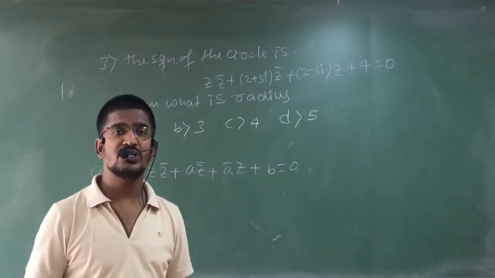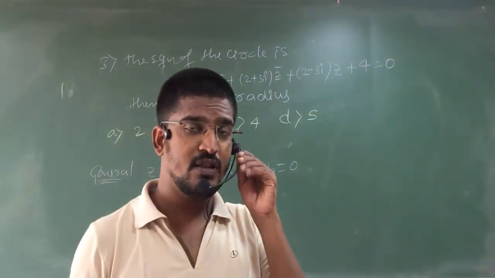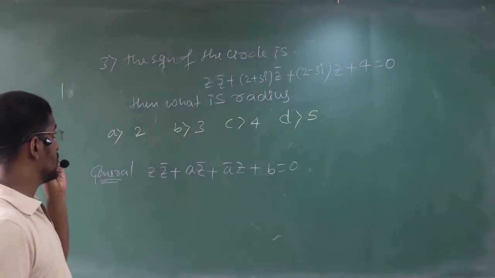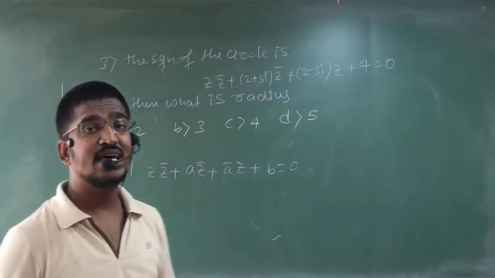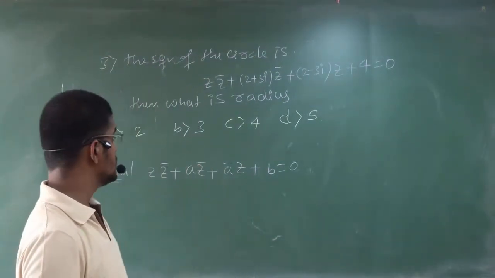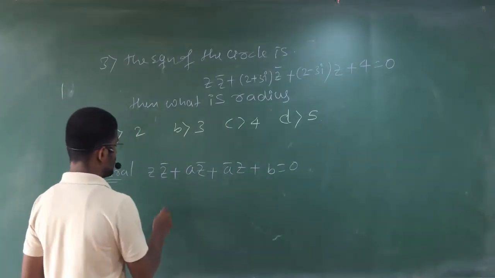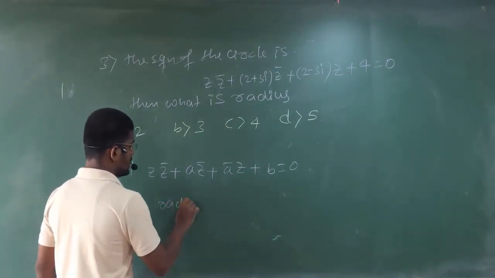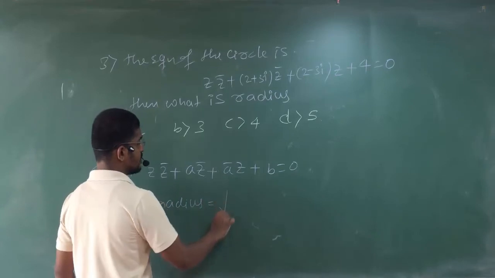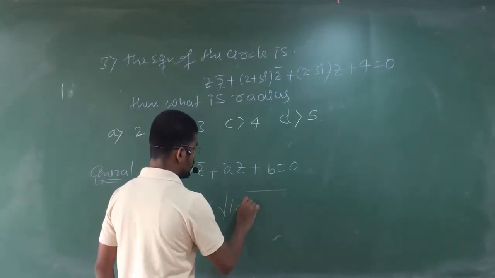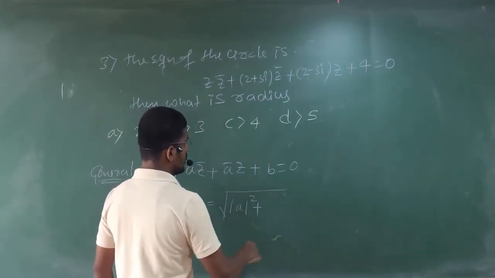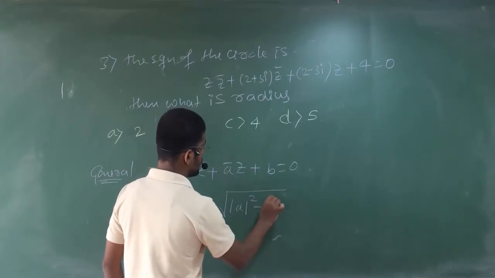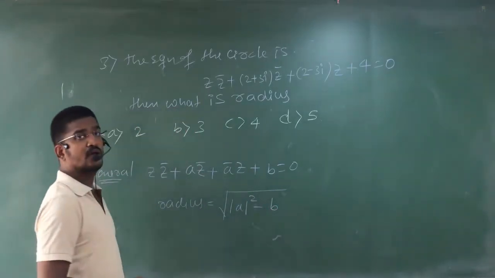So the general equation of a circle is given. Then what are they asking? They are asking what the radius is. Clear, students? So what is the radius here? As we all know, radius is equal to the square root of mod a square minus b. Clear, students?